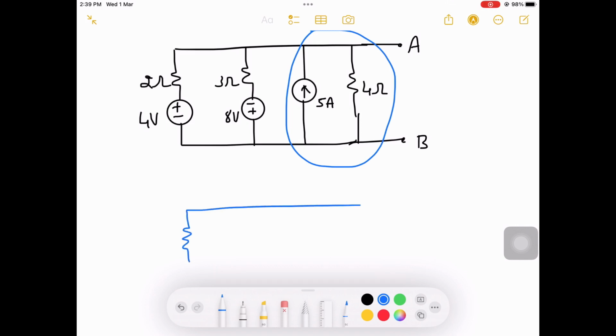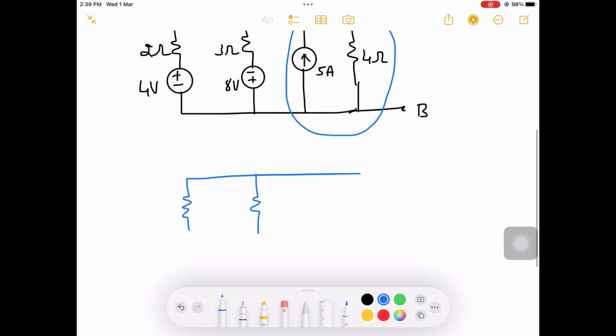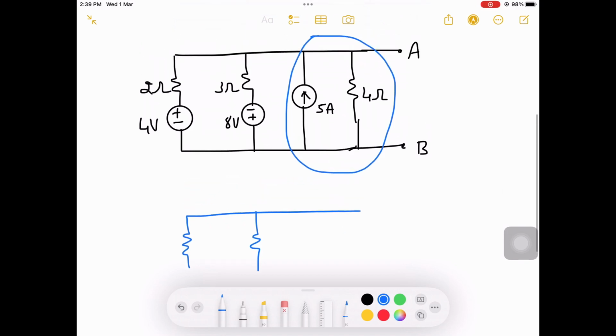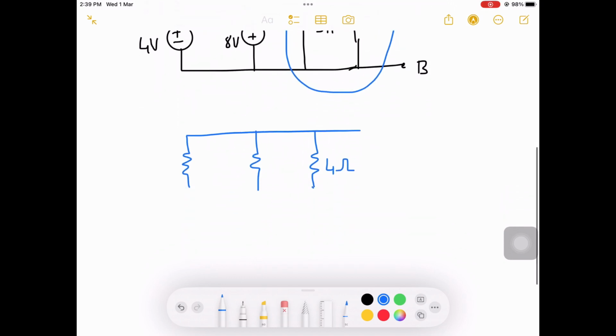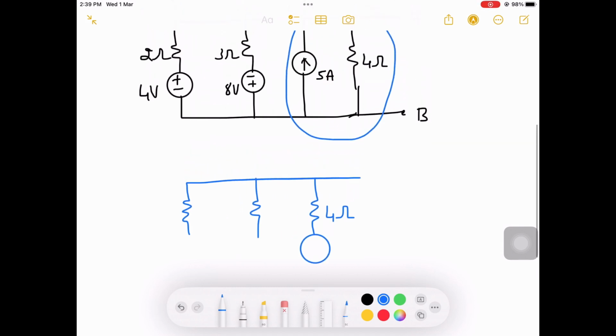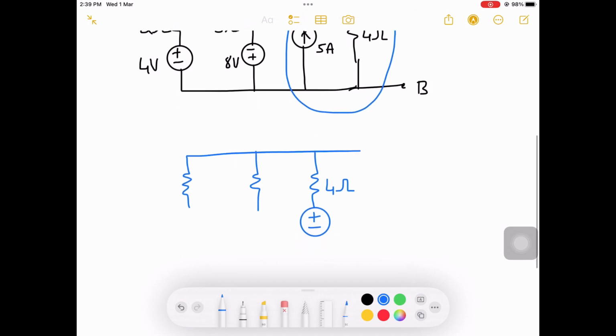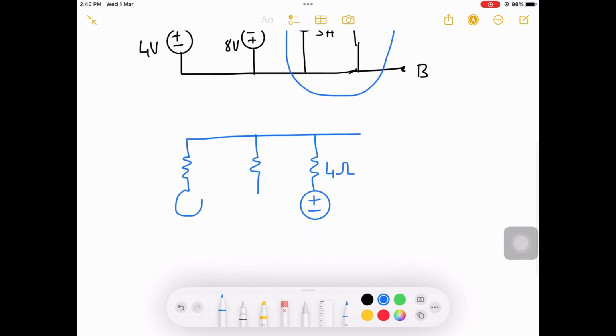So let us convert and rewrite the circuit, shifting the current source to a voltage source. When I convert the current source to a voltage source, the parallel resistance of 4 ohms will be in series with the voltage source.